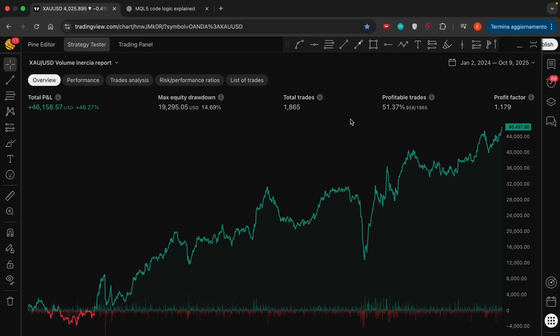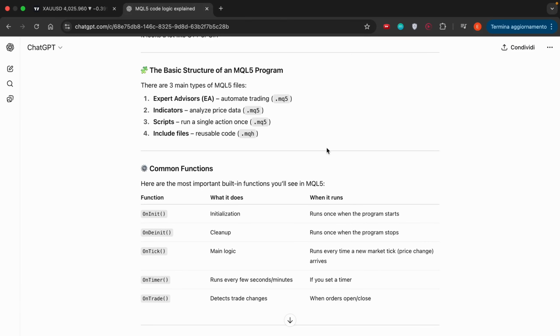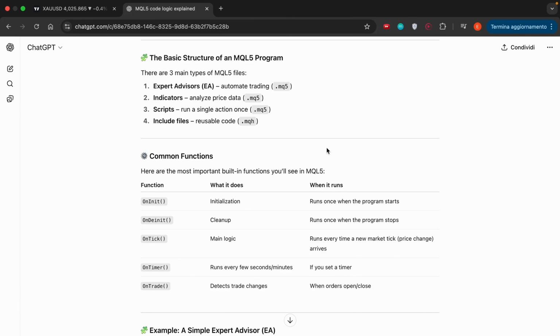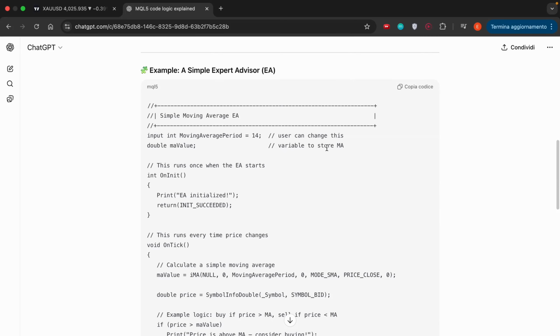Let's begin phase 2, the development of the strategy. In this case, I'm going to show you the first basics of MQ5. MQ5 is the code that you can use on MT5, so MetaTrader 5, and it's very simple.